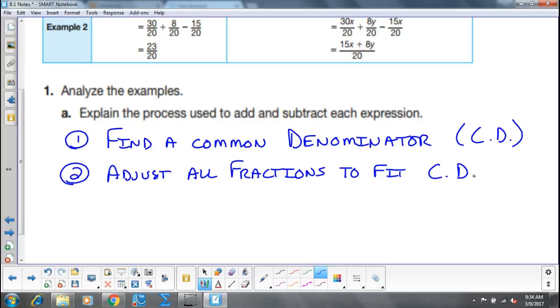Sometimes we might have to adjust all of them. Sometimes we might only have to adjust one of them. Sometimes we might not have to adjust any of them.